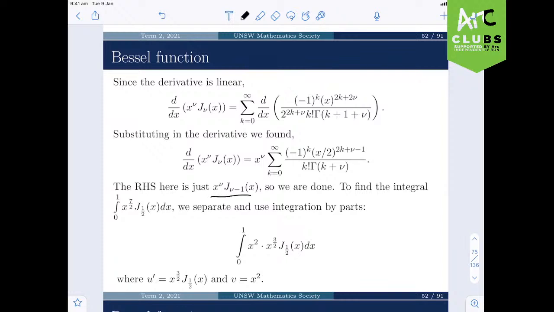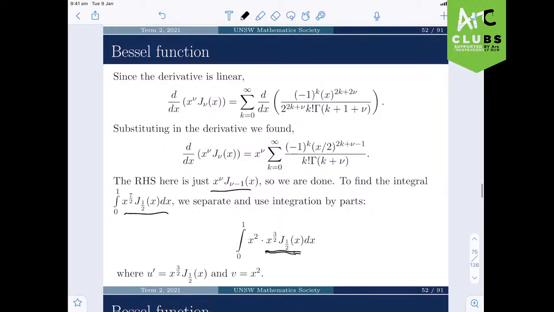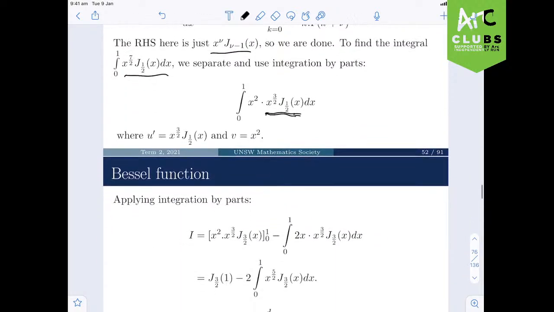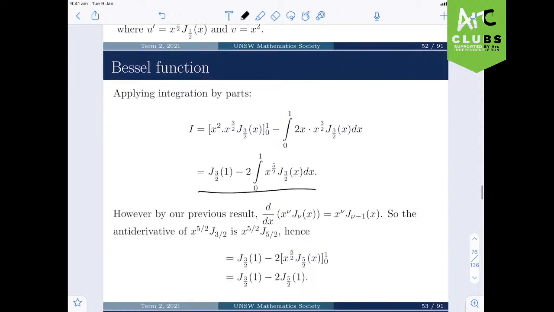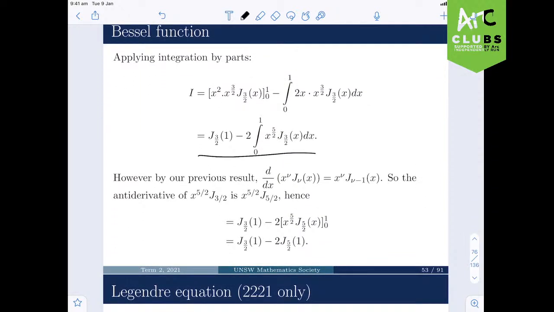Now to find the integral, we just use this fact. So we separate and use integration by parts. It's like we're forcing a term to be in this form, because that's the form we just found, where the antiderivative is pretty simple. And so when we integrate by parts, we eventually get this. But our previous result says the derivative of x to the nu J nu is just x to the nu times J nu minus 1.